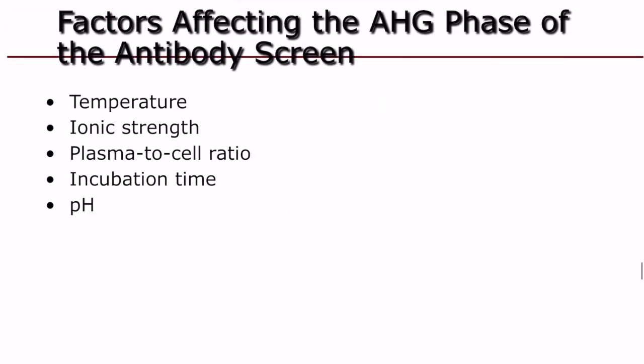Factors affecting our anti-human globulin phase are the same ones that we've been talking about that affect all of our testing. Temperature. One thing we'll talk about with temperature, we do the immediate spin phase, and when we're in immediate spin, that's where we're detecting IgM antibodies.